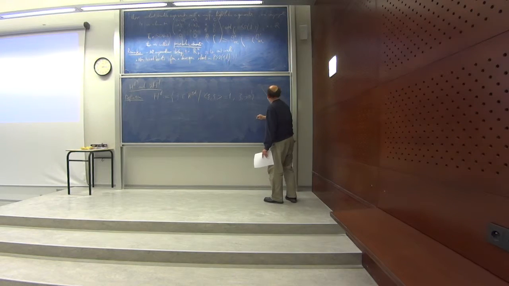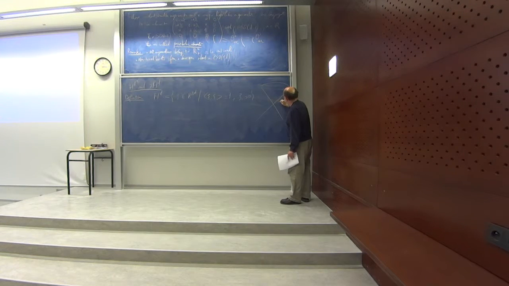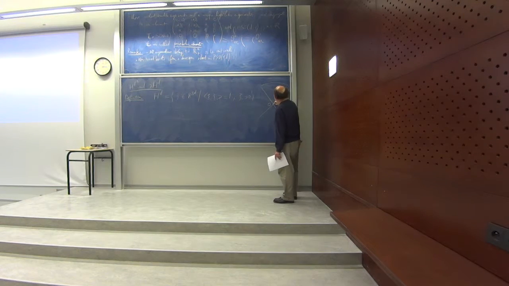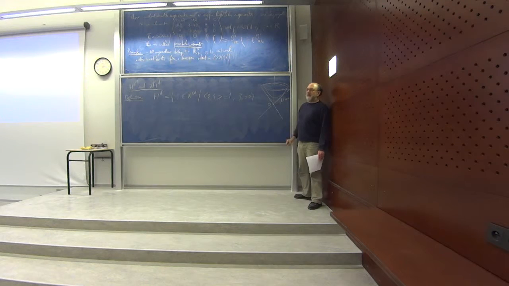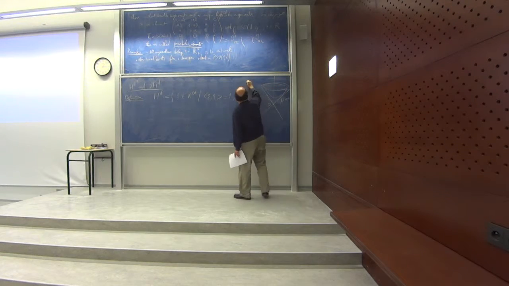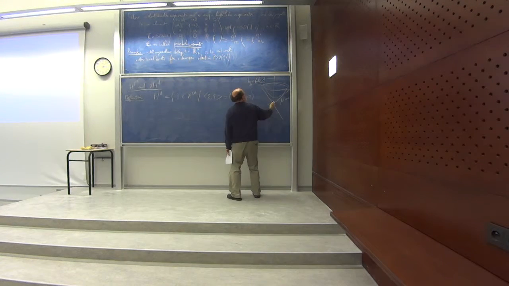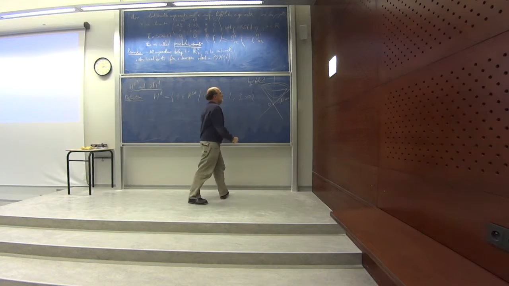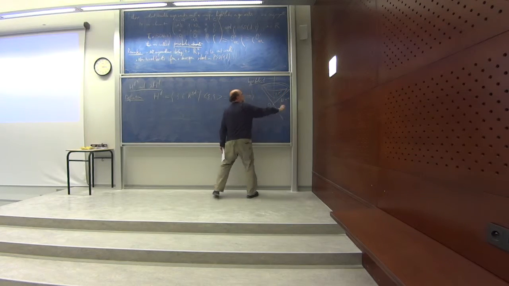So you have the light cone. Here is the origin, and I take this upper sheet of hyperbolic. Only the upper sheet. This is HD.